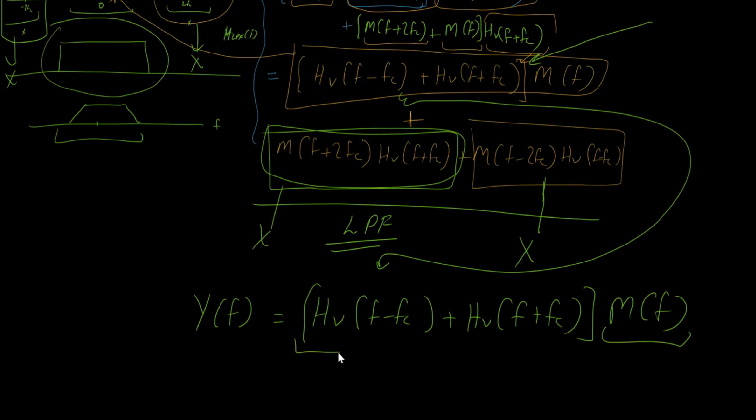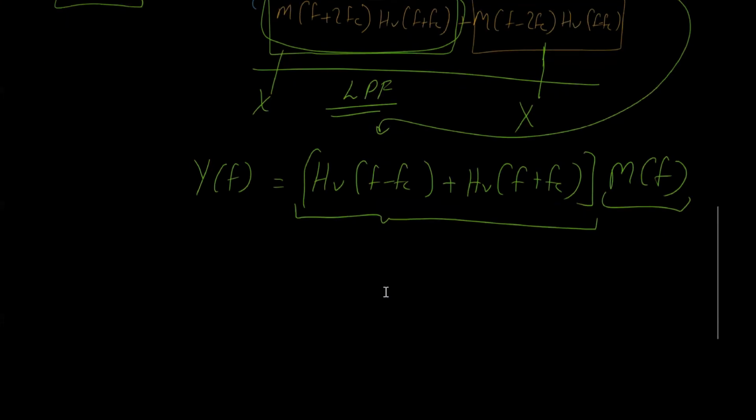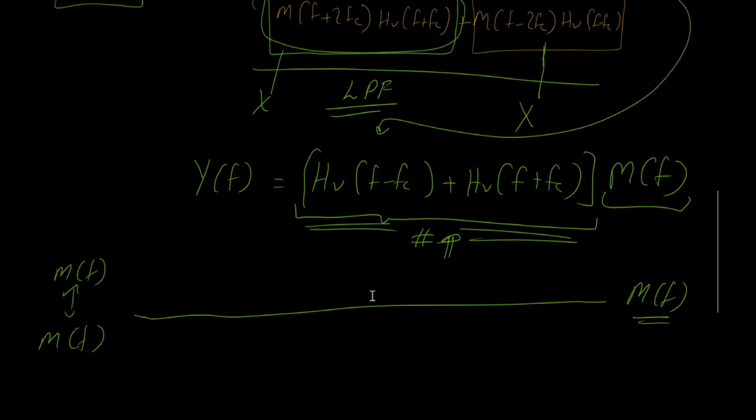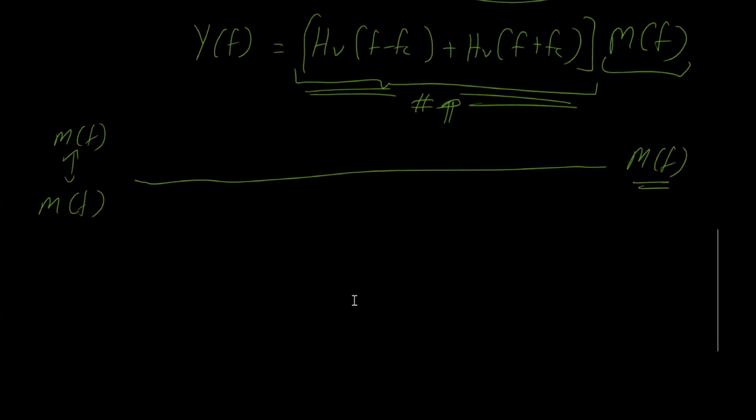We understand that the low pass filter is basically having a relationship with this expression, specifically with this part. Initially we had m of t or M of f at the transmit side, and after doing all the processing at the receiver side, again we are interested in M of f, right? So we need to cancel out this aspect. So we are having a filter which we call the low pass filter H_LP of f.